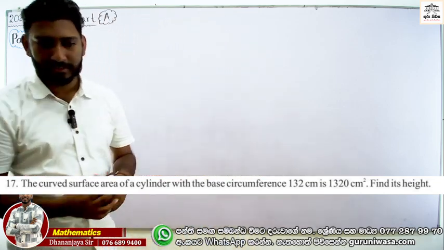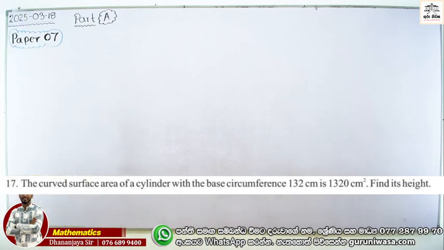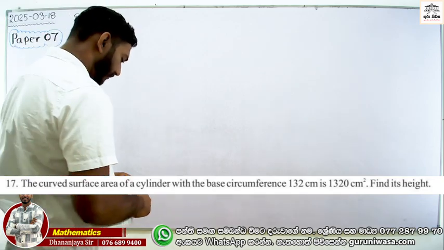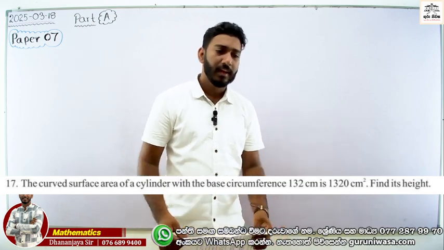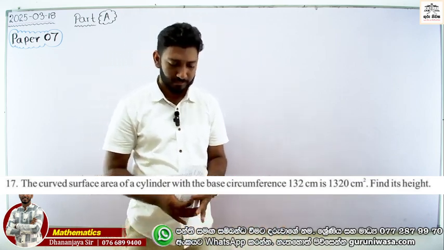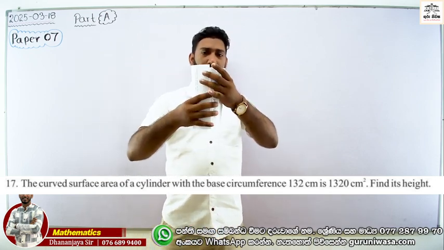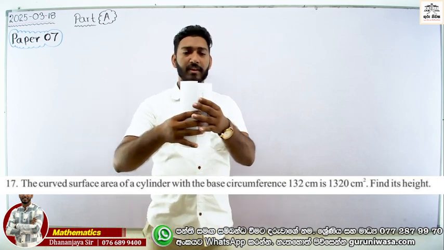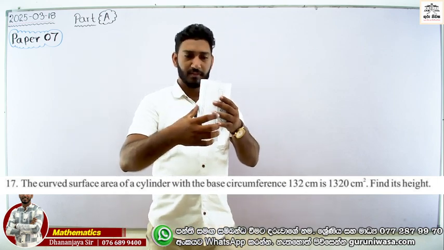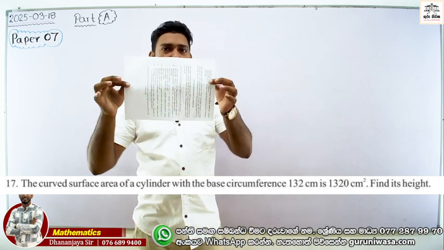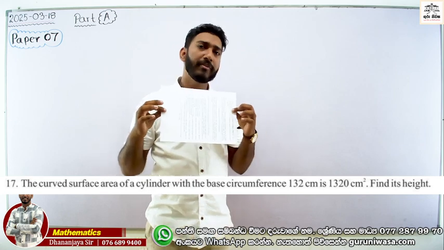Now look at this. This is a cylindrical shape, right? Now I'm going to cut and expand it like this. This one is a rectangle. How do we find the area?